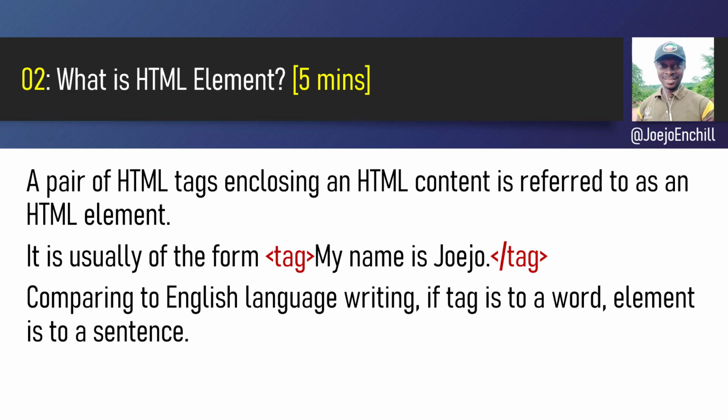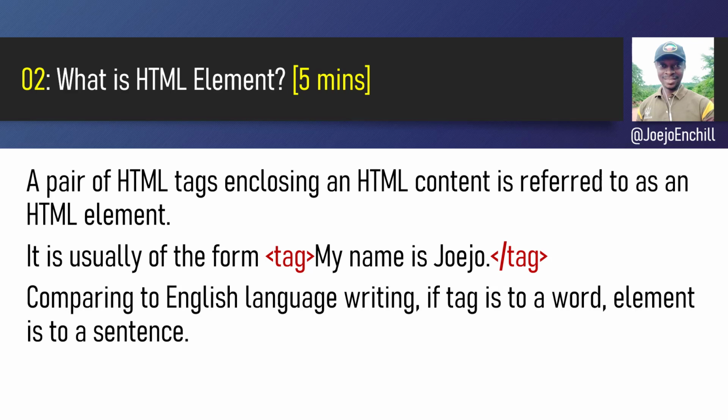So we can say that in HTML, we have an opening tag, a closing tag, and then in between them, there is a content. Now, this statement is what we call an HTML element. Therefore, a pair of HTML tags enclosing an HTML content is referred to as an HTML element, which is usually of the form opening tag, content, and then closing tag.